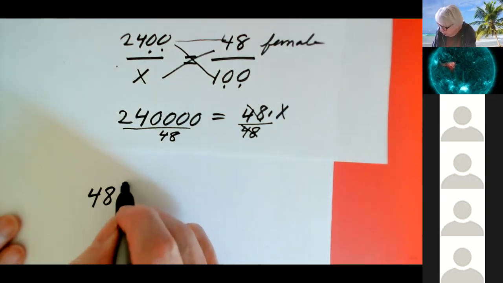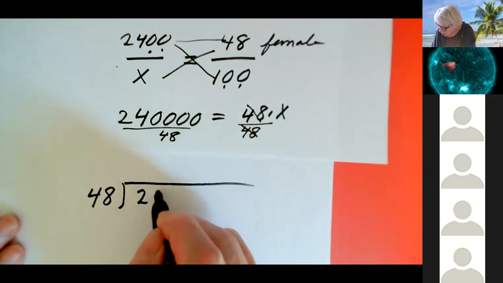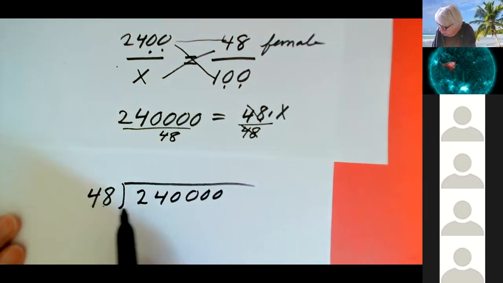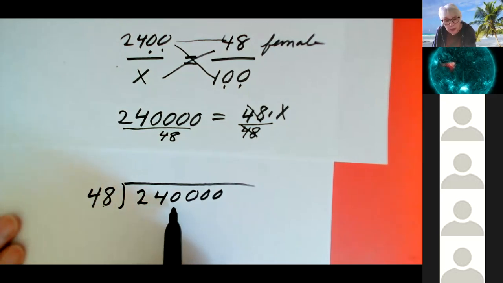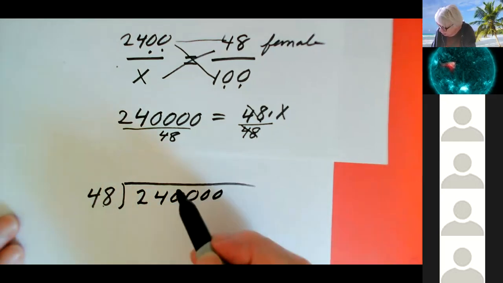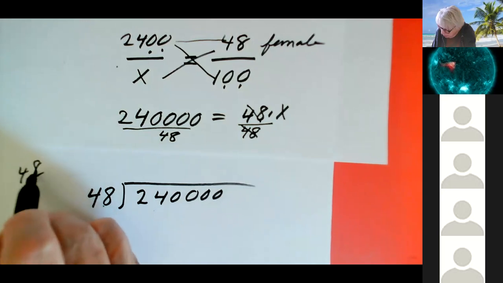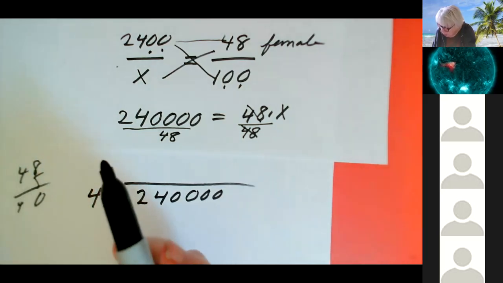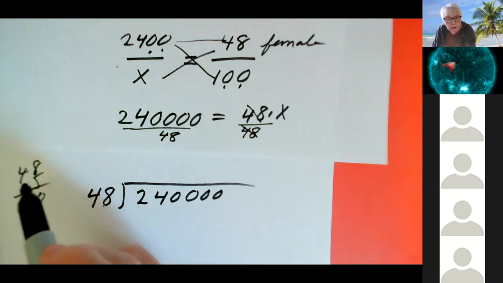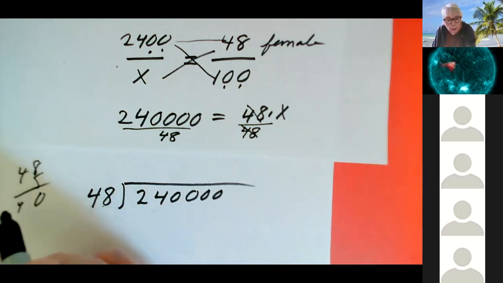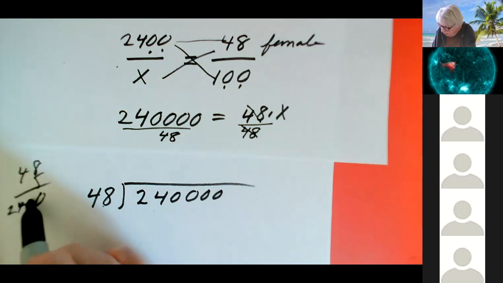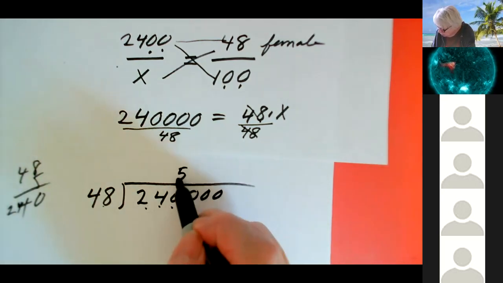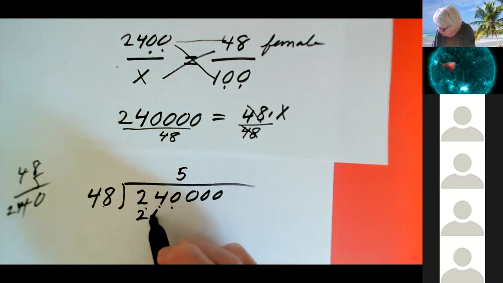If we did it this way, I hope it turns out sooner than later. 48 doesn't go into 240, but it does... let's see, 48 times 5: 0, carry a 4. Oh, that's exactly right. 5 times 4 is 20, and 4 is 24. 5 times that.